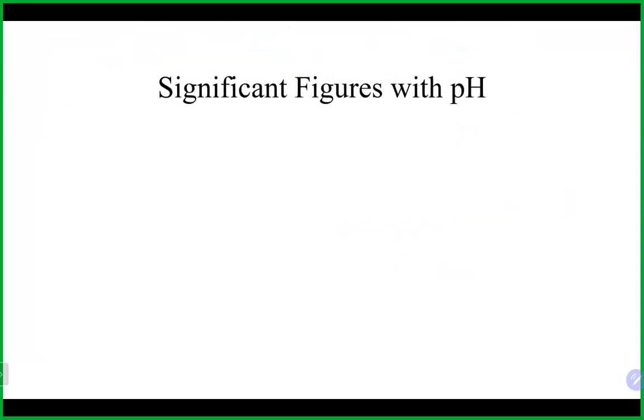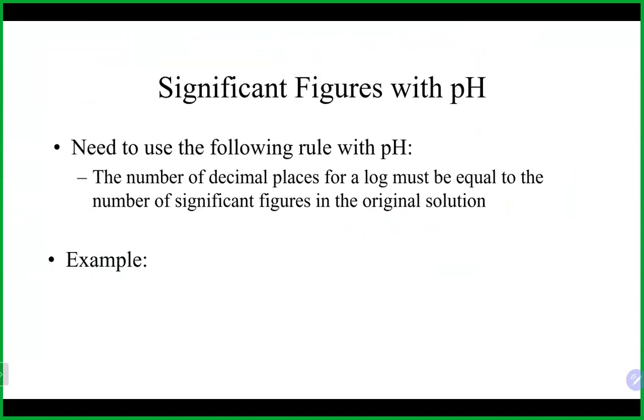So if we look at significant figures with pH, the rule is that if you calculate a value like pH or pOH, which we'll talk about shortly, the number of decimal places that you have in your pH value should equal the number of significant figures in the concentration.